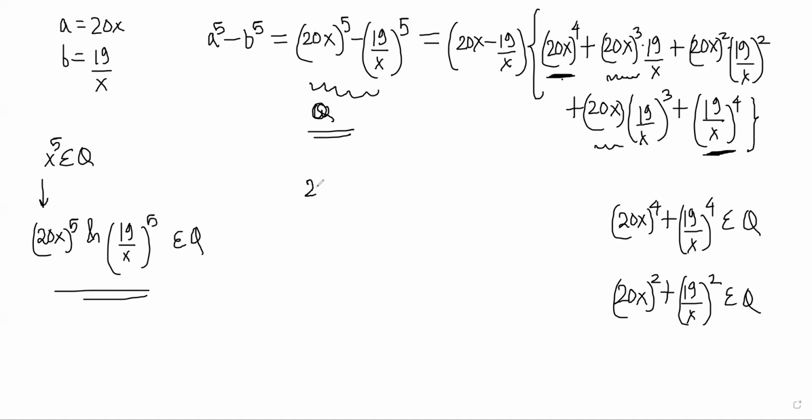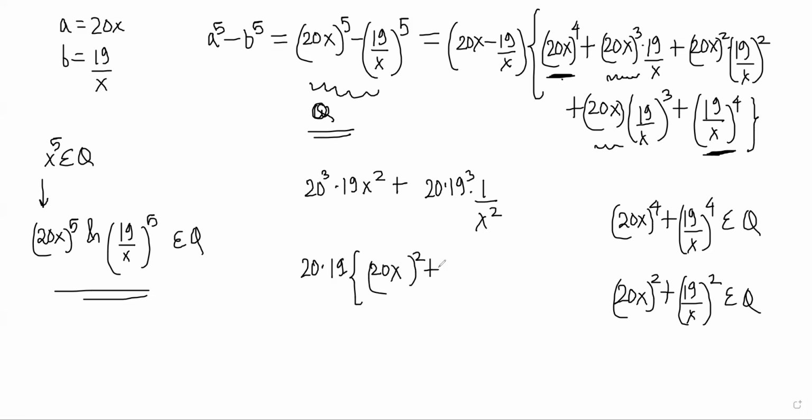It is 20 cube into 19X square, and the fourth term is 20 into 19 cube 1 by X square. So if you take 20 into 19 common here, you will get 20X whole square plus 19 by X whole square. And now this is rational, so the sum of this term and this term is rational. And this term is an integer.